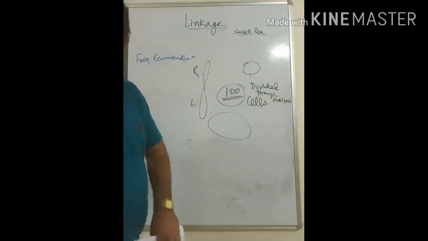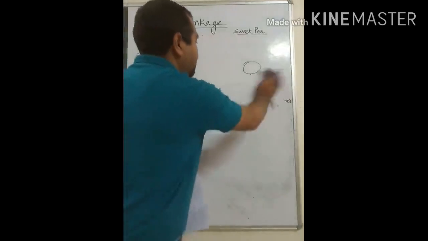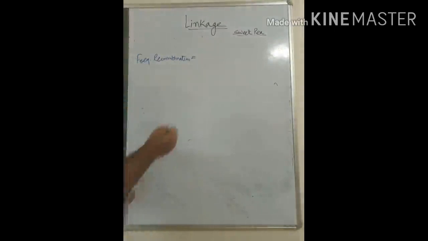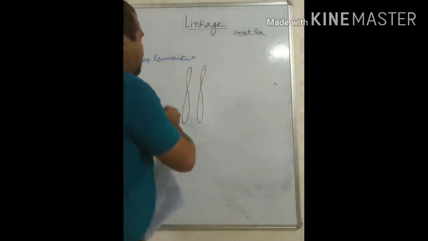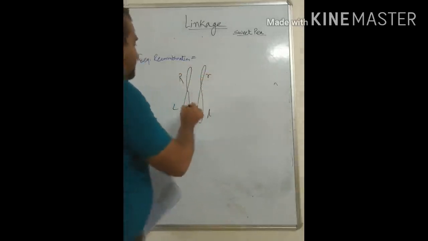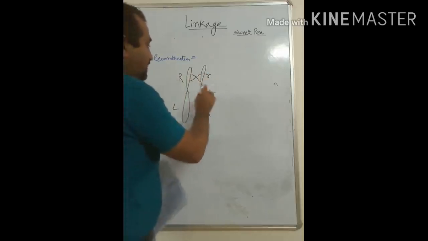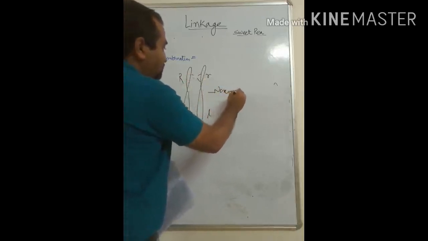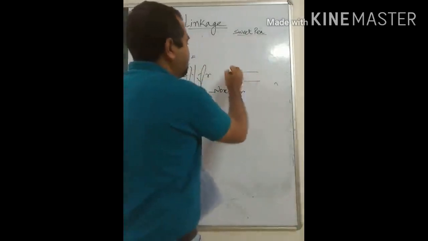How is it calculated? So first we take the condition, suppose R and L. So if there is no crossover, both the chromosomes will go to gametes like this.